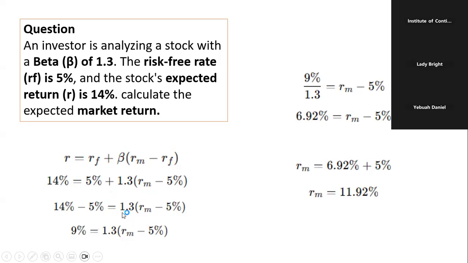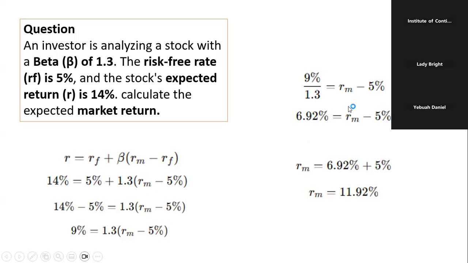Then you bring along the beta plus its components. Now we want to get rid of the beta. Some people will multiply the 1.3 by the inner bracket just to break it.